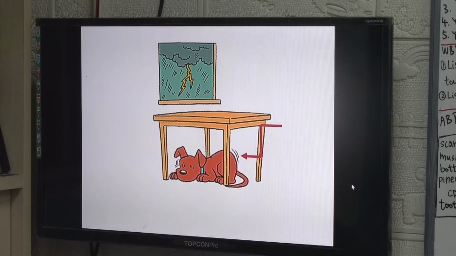How about here? What is the opposite of above? The dog is below the table, right? So let's spell below. BELOW. Below.